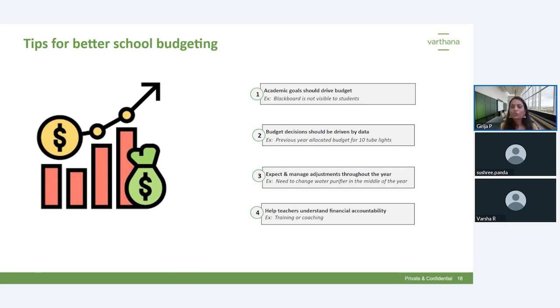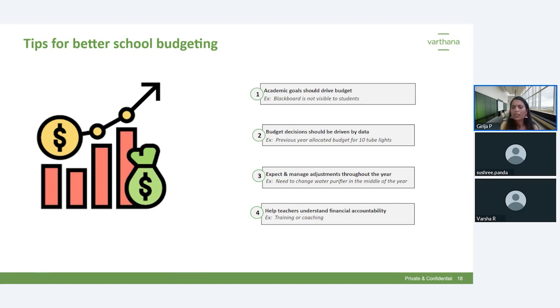So it is very important to make them understand the importance of the budget, and make them accountable for it. For example, if you're doing a school annual function, make them understand how they can do this within the budget, and for that you can do training and coaching with the teachers.